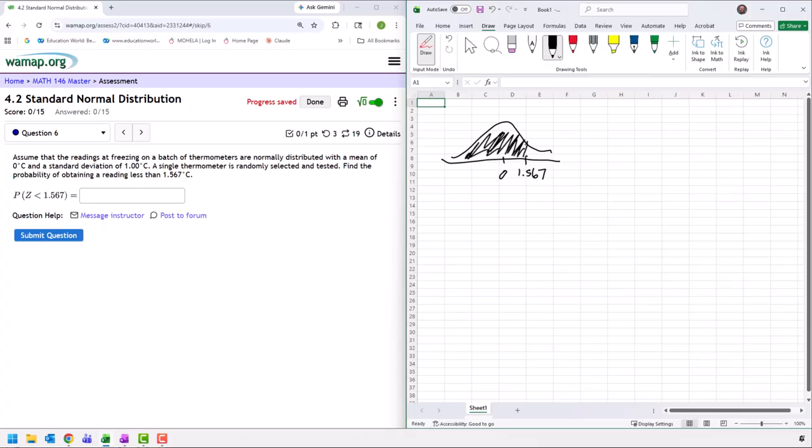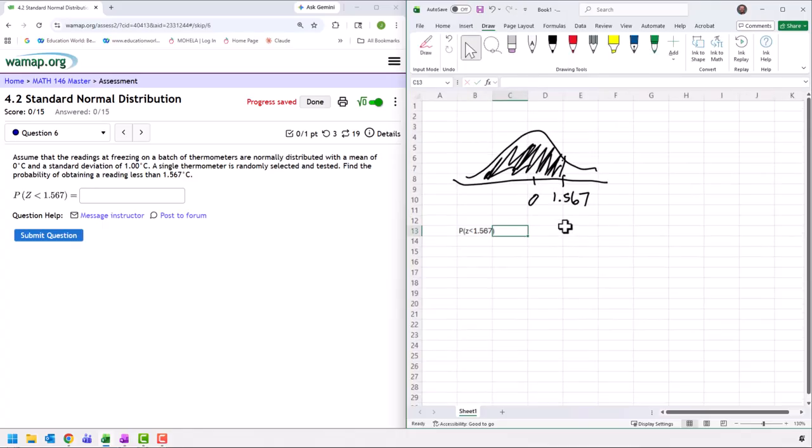Now we know that if we're within one standard deviation of the mean, we've got 68%, two standard deviations of the mean, 95%. And so this is going to be a lot of the probability, so a number maybe like 0.75 or something like that.